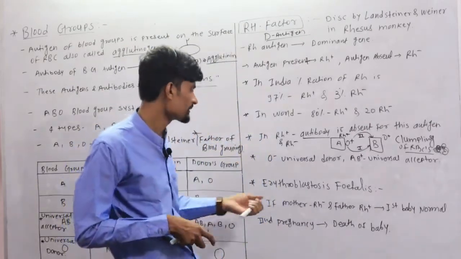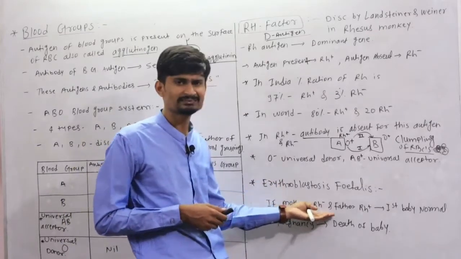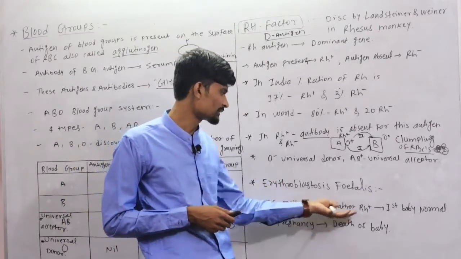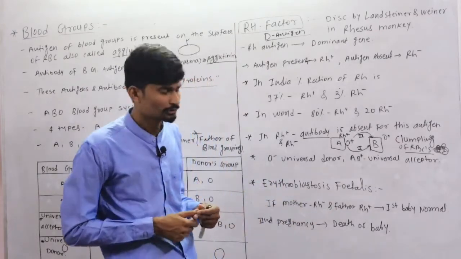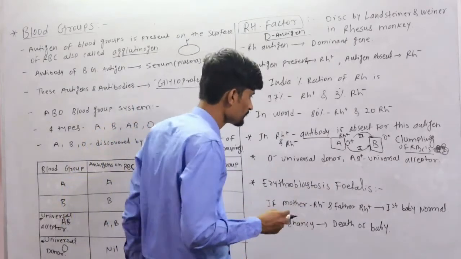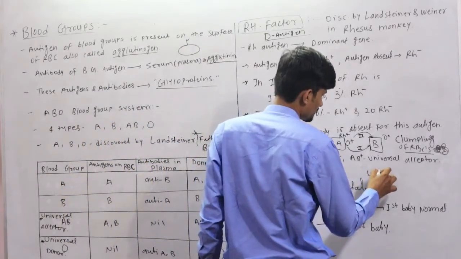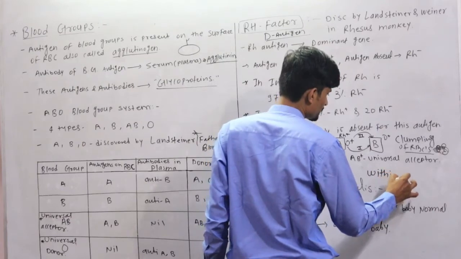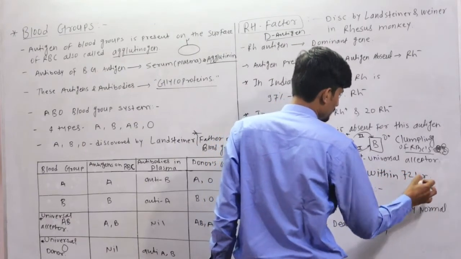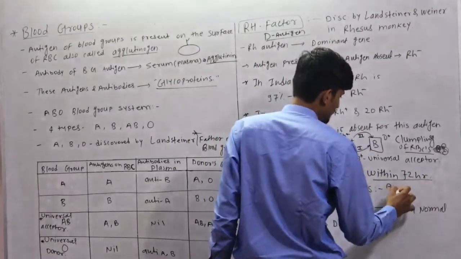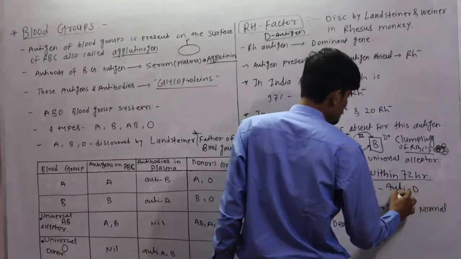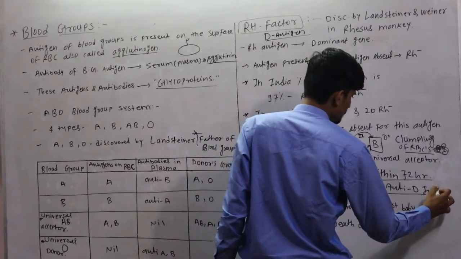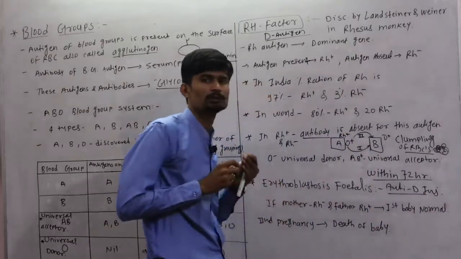For prevention, because there may be a chance that the mother has Rh negative and the father has Rh positive, within 72 hours of the first pregnancy, the anti-D injection is given to the mother.